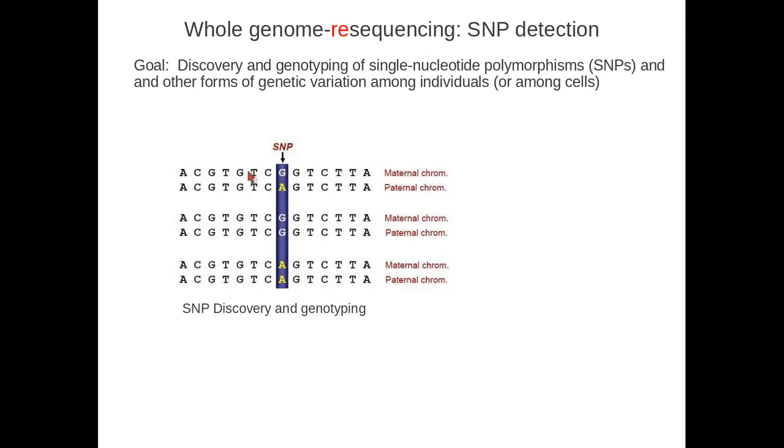So here we're just showing the maternal and the paternal sequences for one strand. This would be what we call a heterozygote genotype. It's where a single diploid individual has two different alleles at a position. This is a homozygote here for GG, and here's a homozygote for the alternate allele AA.